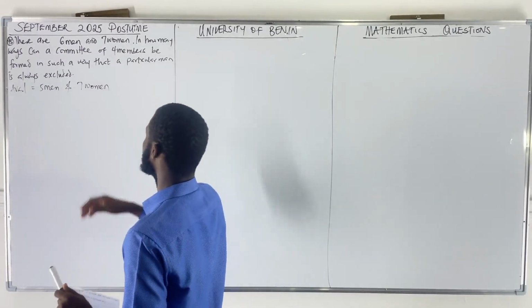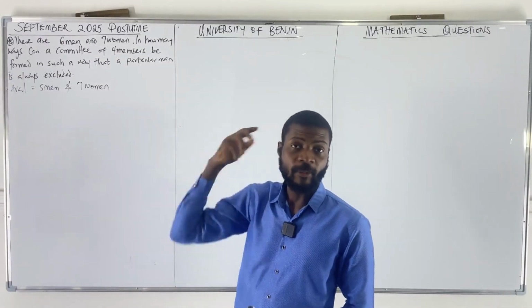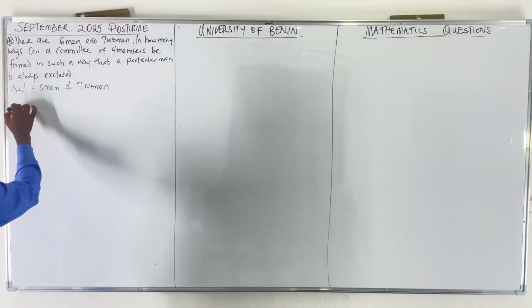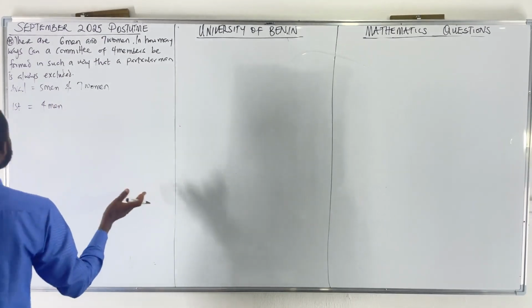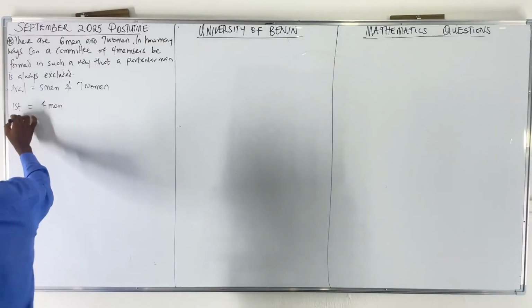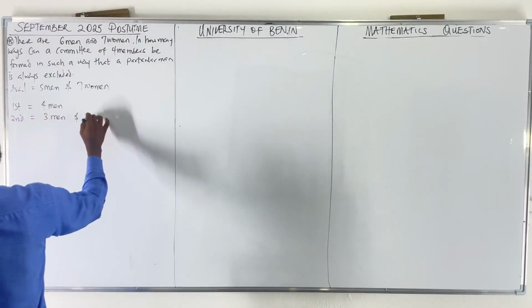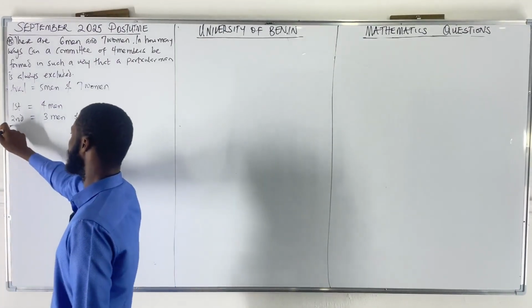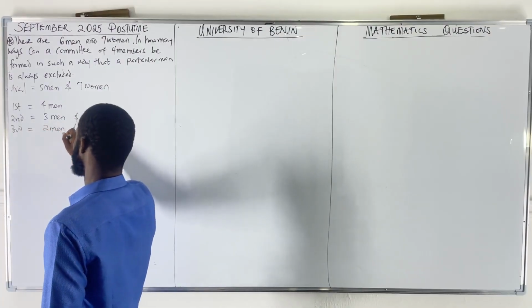Now, in how many ways can we make a committee of 4 members? So we need to form a committee that will have 4 people. There are different ways of doing this. The first way is to have 4 men. The second way, let's have 3 men and 1 woman. The third possible way is to have 2 men and 2 women.